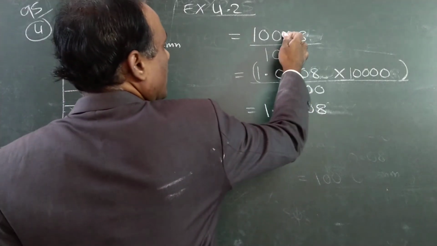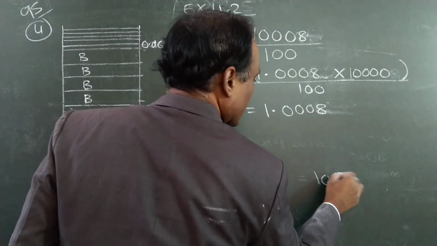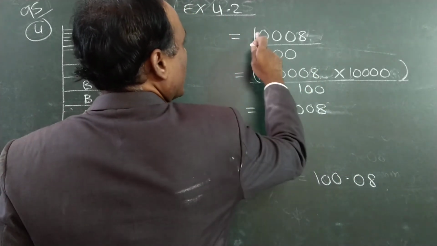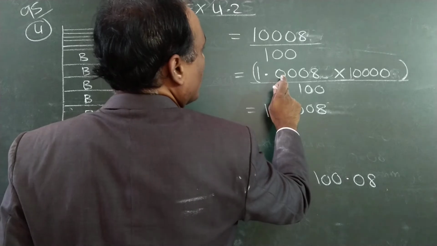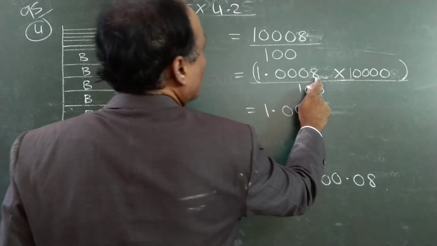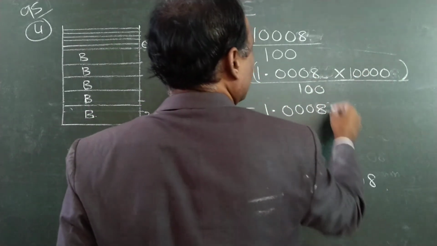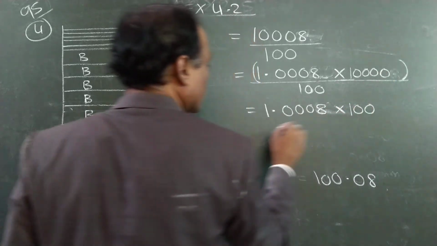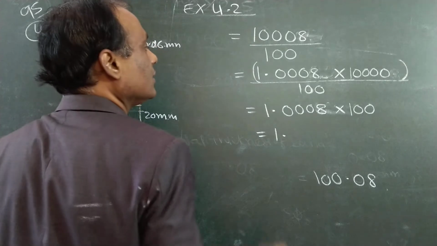So removing the decimal, I will write once again here. Removing the decimal, we will get 100. And I want to keep the decimal here. After decimal 1, 2, 3, 4. So 4 zeros, 2 zeros cancel, and 2 zeros remain. So the answer is 1.30.